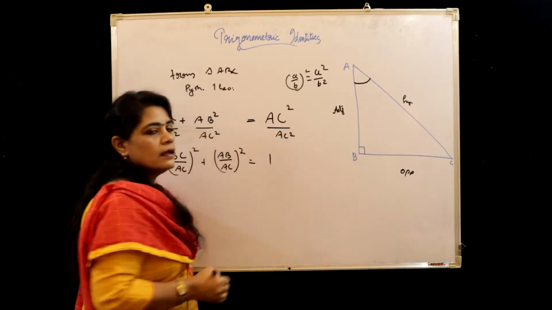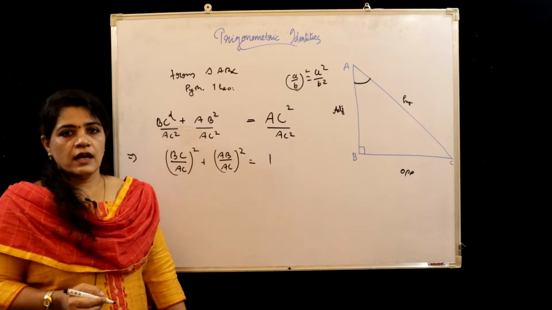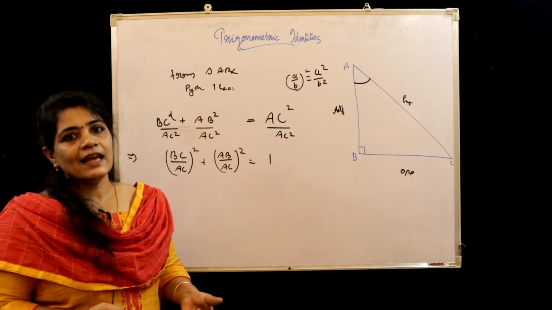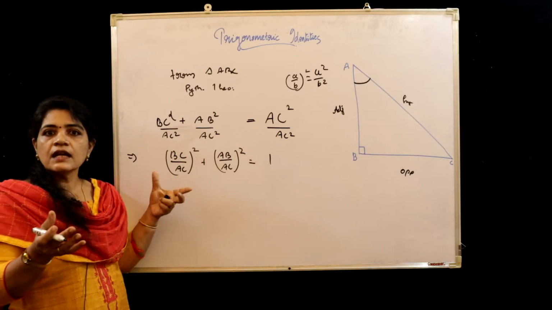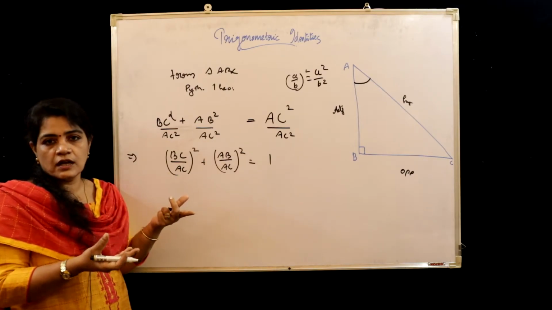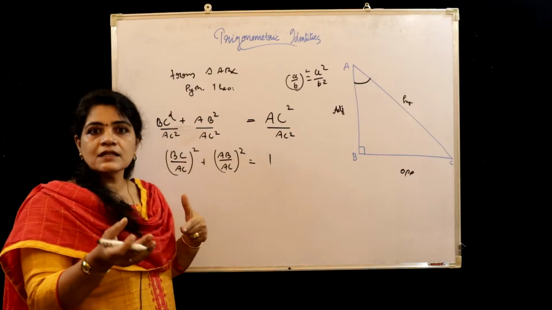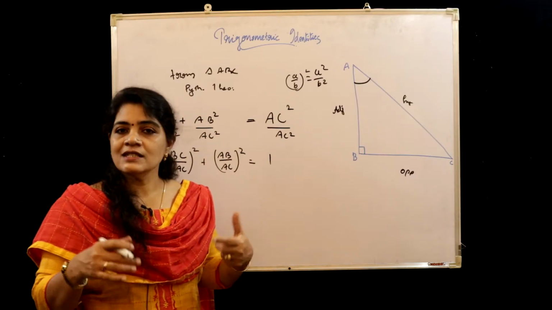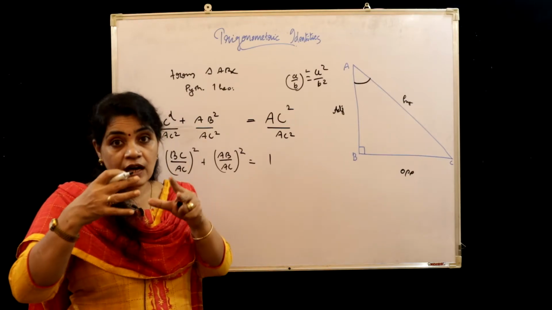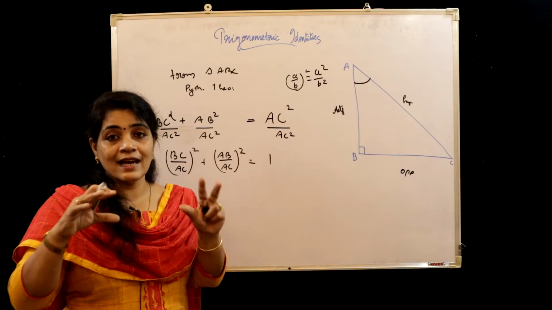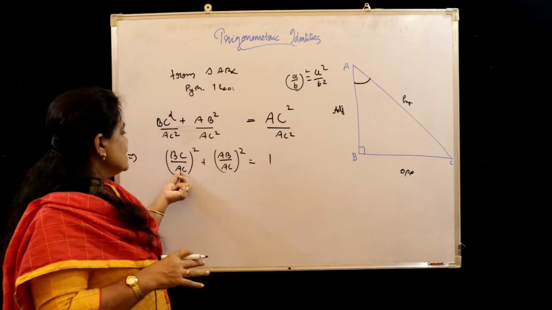Now look into this right triangle ABC with reference angle A. What is this BC by AC? This is the ratio between two sides of this right triangle, and that can be expressed in trigonometric ratio. What is trigonometry, children? It is the ratio between the sides of the right triangle, that is, we have the 6 trigonometric ratios. So BC and AC.